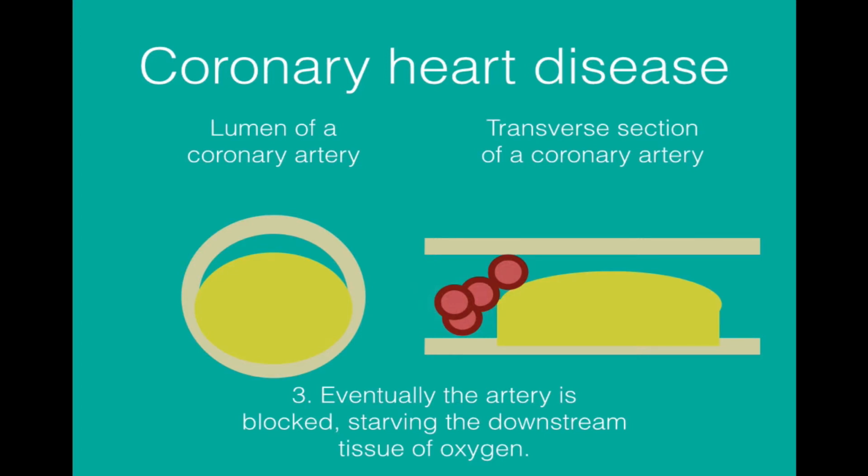The blood clot that forms, as well as the fat clot, can shoot loose and cause other issues as well, things like strokes. But the key thing to remember here is that it starves the heart of oxygen.